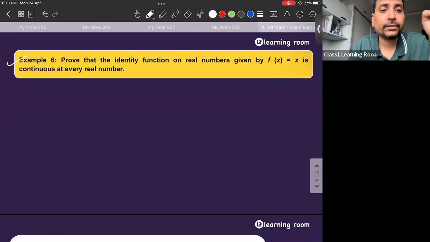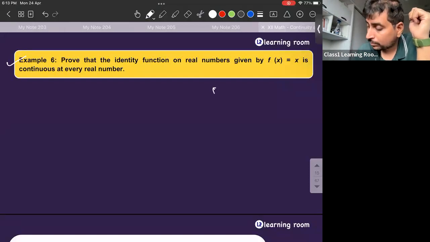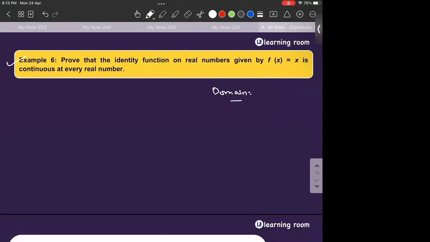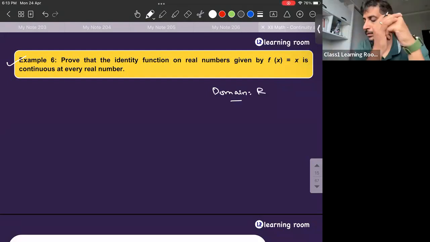F of x is equal to x is an identity function, right? What is going to be the domain of this? So real numbers. Domain is real numbers.